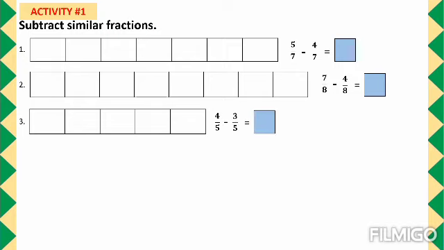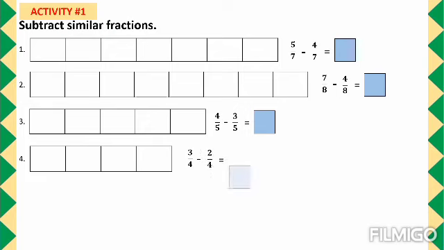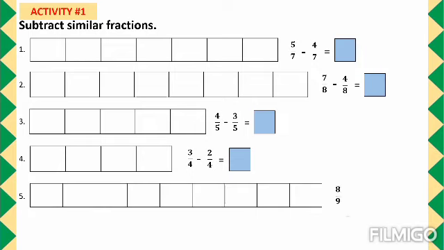And for number 3, and this is for number 4, and the last one will be this figure. So you can start your answering, guys, just write your answer in the extra paper, and we'll check that later. So we'll proceed now to the next activity, which is activity number 2.